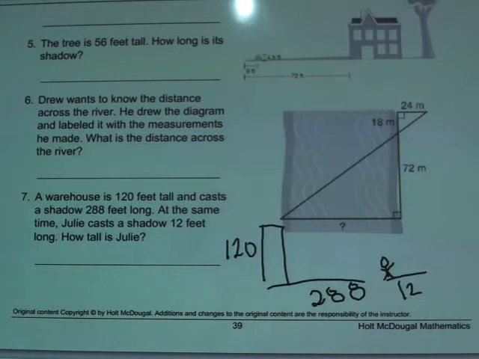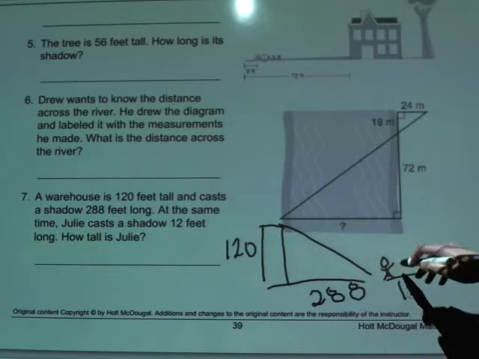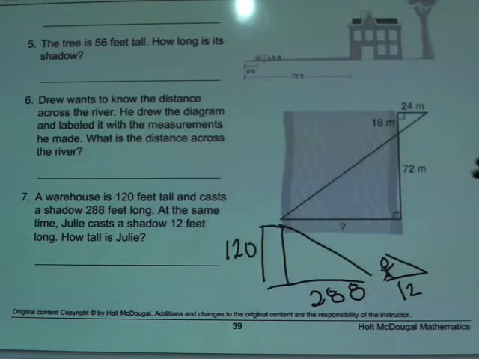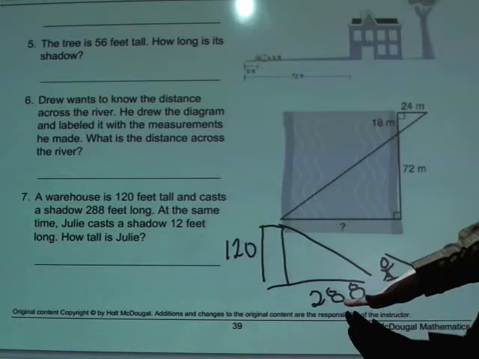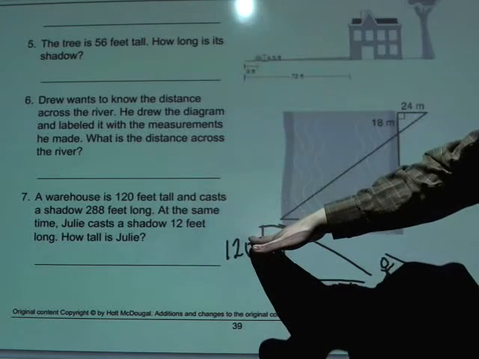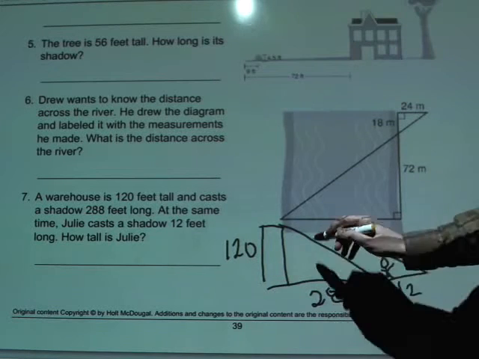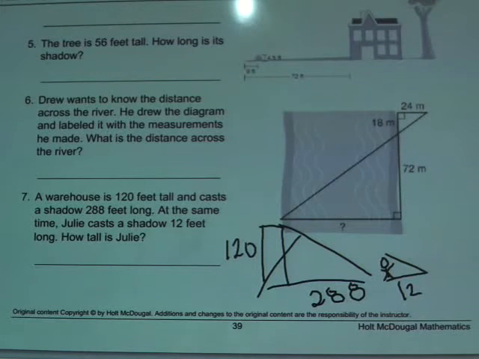Well, remember, the sun's rays make up the third side, and that's how we get our similar triangles here, our similar shapes. So we want to make a comparison here given the triangle we know everything about, the one on the left. We can compare the height to the shadow, or we can compare the shadow to the height. It doesn't matter, we just have to pick one. I'm going to compare the height to the shadow. So 120 over 288.